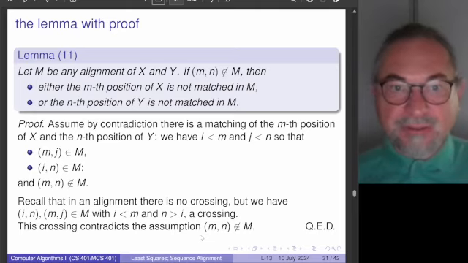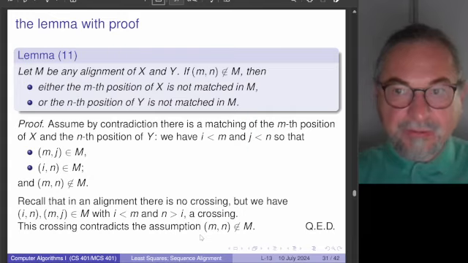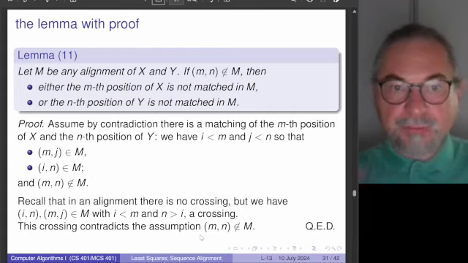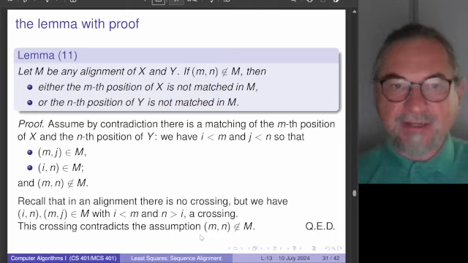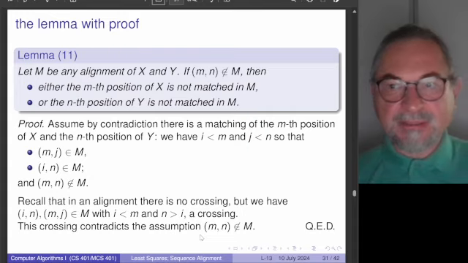Now, assume by contradiction that the last two letters, they actually did not contain an m, but we do have matched the mth letter in the first word to the jth character in the second word, and we have matched the ith character, or actually the nth character, the last character of the second word, with i.